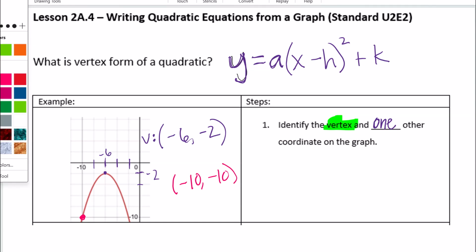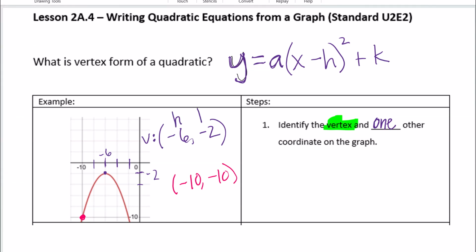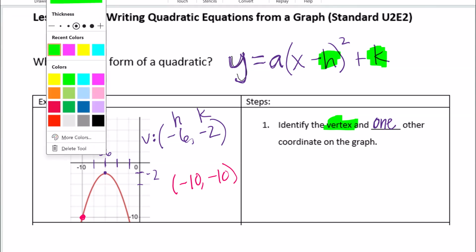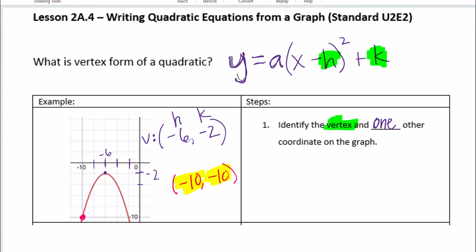Because the vertex, when we find that, we have our h, we have our k of our equation. And then when we find one other point on the graph, any other point on the graph, we have an x coordinate and a y coordinate.